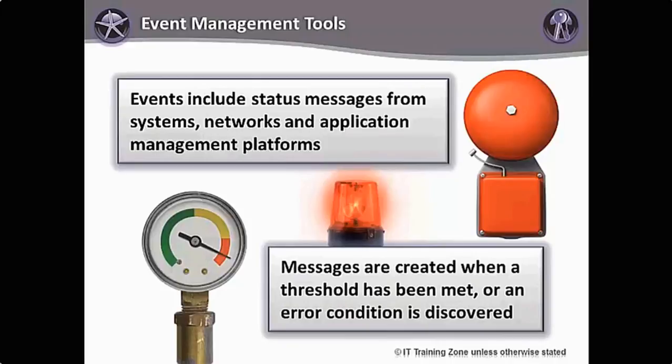Next, we need to think about event management tools. Events include status messages that are generated from systems, networks, and application management platforms. They are created when a tool identifies that a threshold has been met or an error condition is discovered.